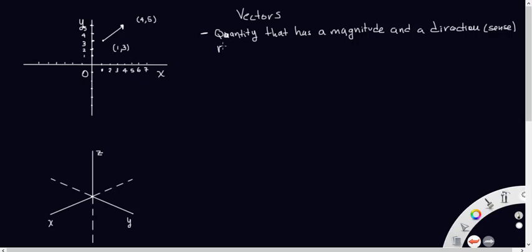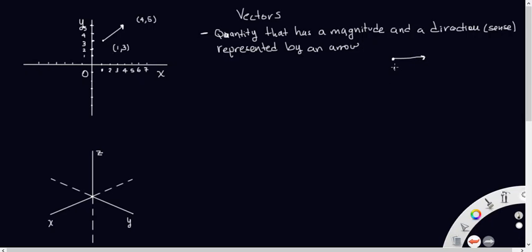And normally this vector is represented by an arrow, like this one. Sometimes we have a little point on the starting point and the tip with a point right on the edge.